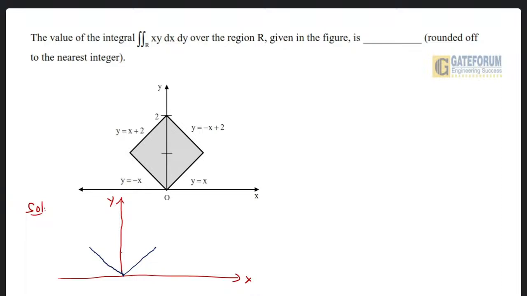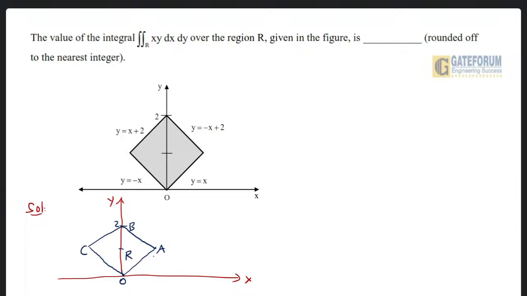Now this is 1 unit. This is 2 units. Join this. Join this. This is the origin. Let us denote this point A. This is already given, 2. This is B and this is C.